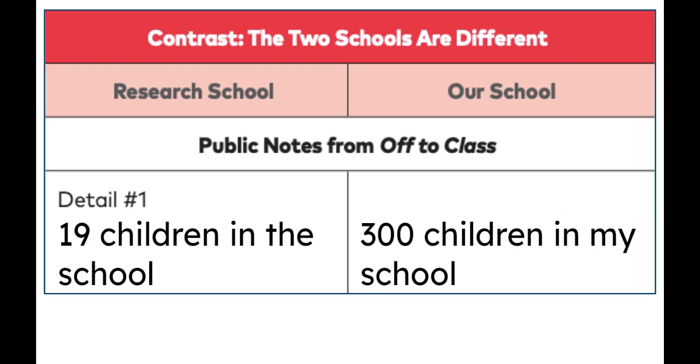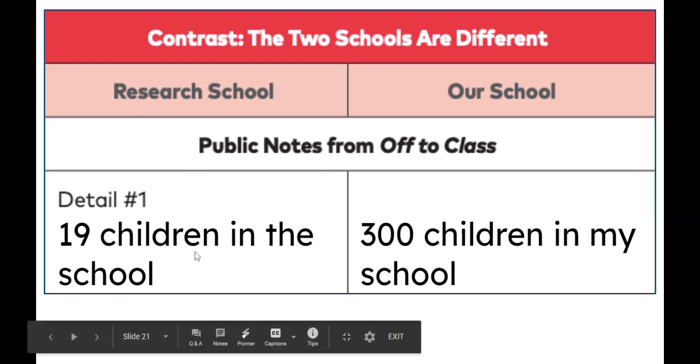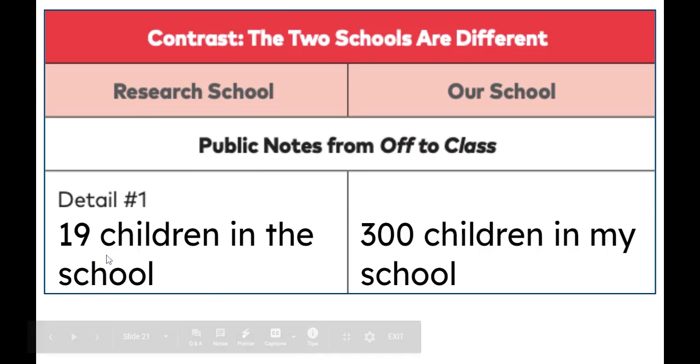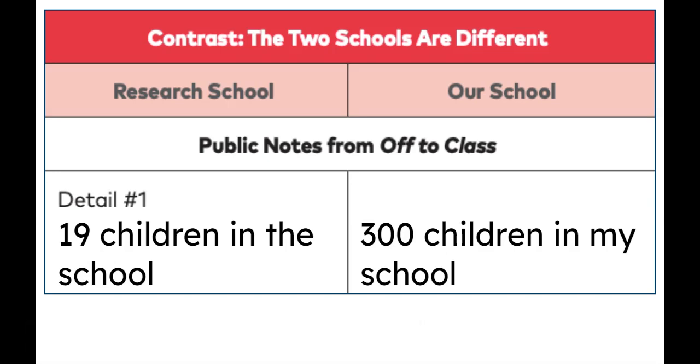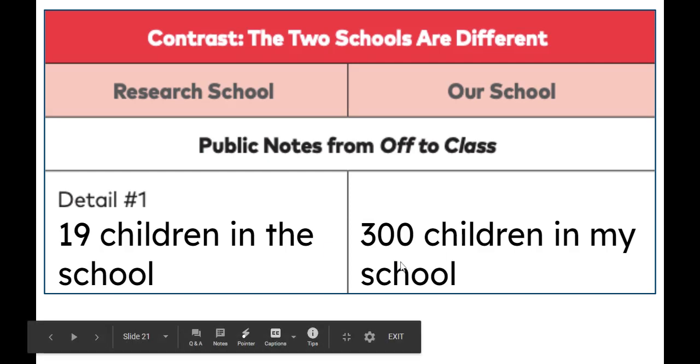All right. So what I did was I had written some notes down, and what I had written in my notes was just that there were 19 children in the school. So I had to change that to a sentence. So my sentence is in the rainforest school in Brazil, there are 19 children in the school.